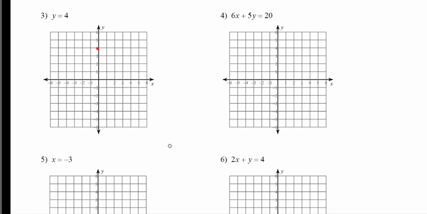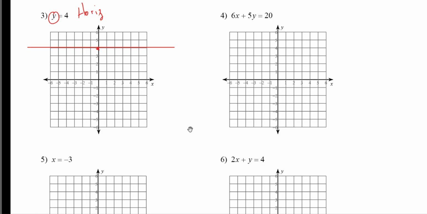Well, yeah, y is horizontal. Okay, and so what do we do? We put a 4 where? On the y-axis. And so what kind of line are we going to have now? We're going to have a horizontal line, like this.